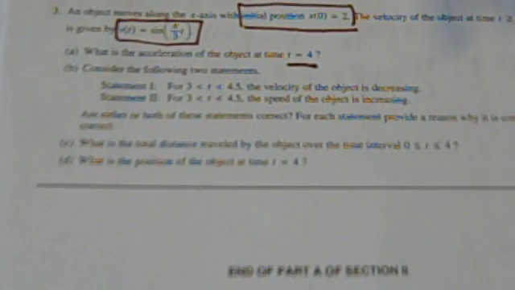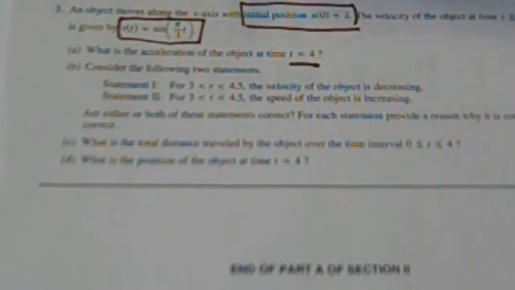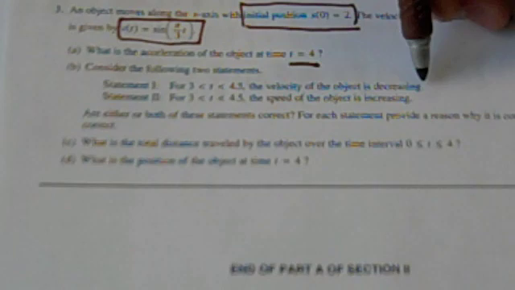Now moving on to part B, and I want to bring the question back again. Part B says, consider the following two statements. Statement 1, for time between 3 and 4.5 seconds, I was assuming it's in seconds, but regardless, between 3 and 4.5, the velocity of the object is decreasing.